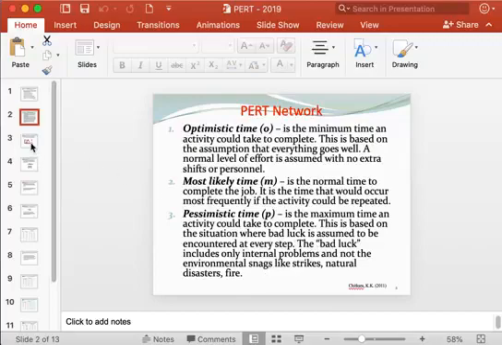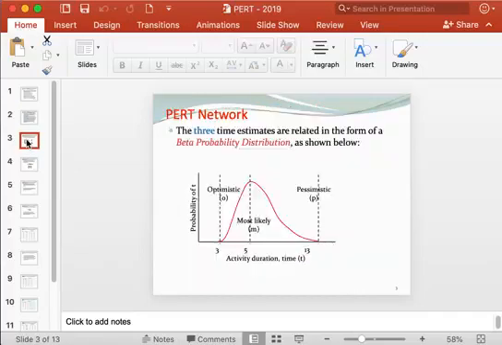These three time estimates, optimistic time estimate, most likely time estimate, and pessimistic time estimate, can then be related to each other using what is called the beta probability distribution function.